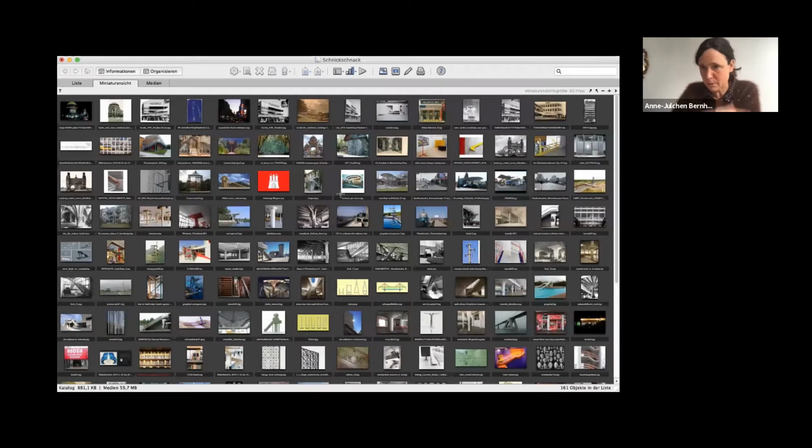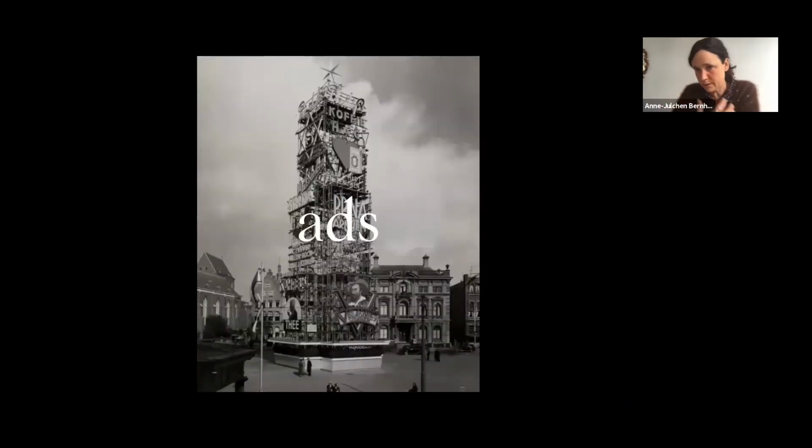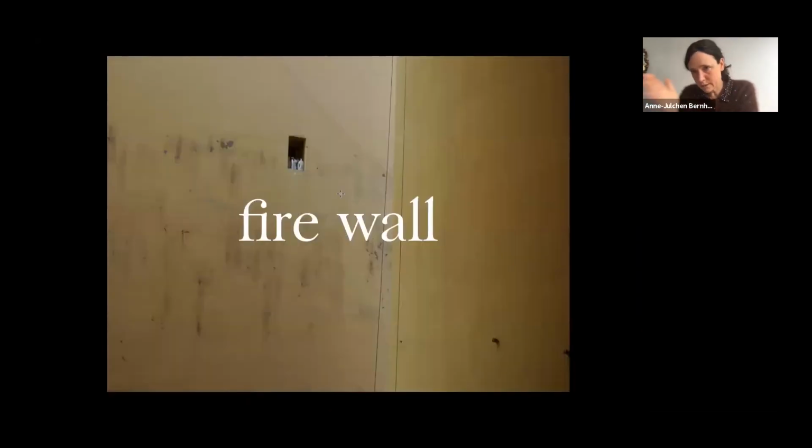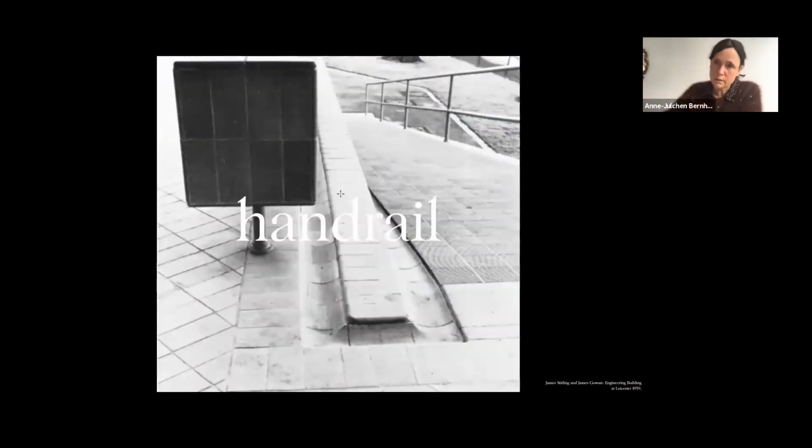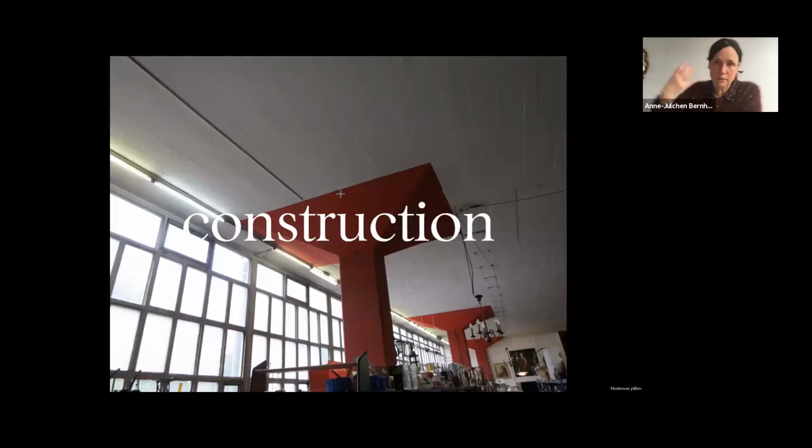So it's about the small things that are above the facades, but that are quite of an importance. So there is the layer of advertisements that are quite important on that side. And then there are the side walls and the handrails of the balconies. And of course, the balcony and everything has something like a construction.